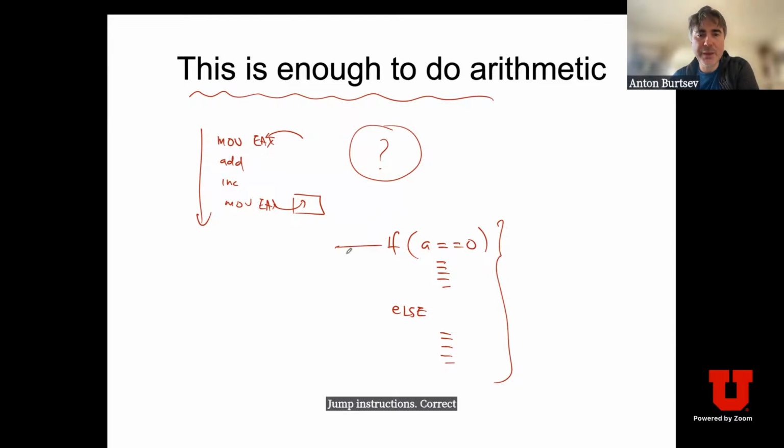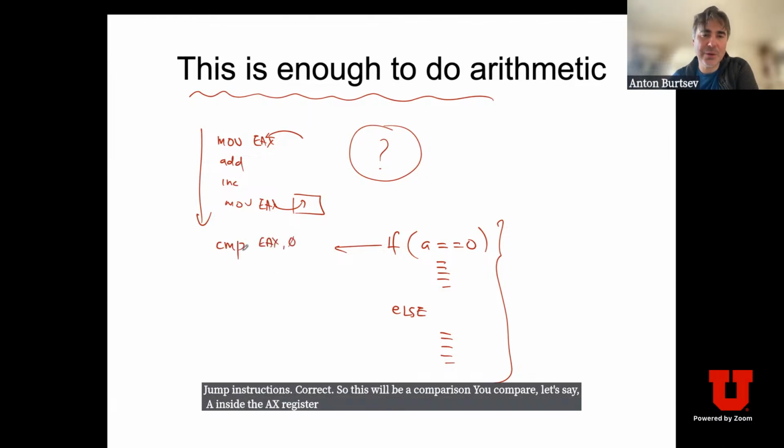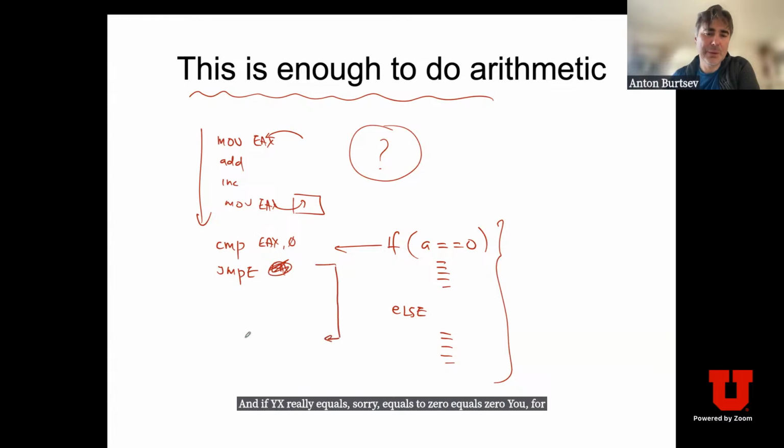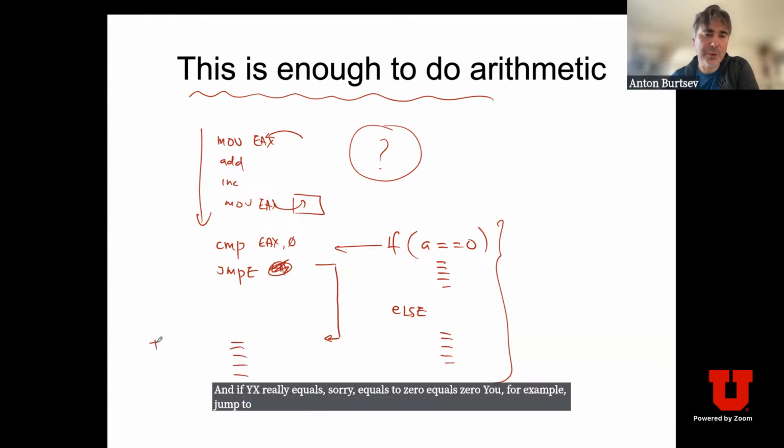So this will be a comparison. You compare, let's say, A inside the EAX register, with 0. On Intel, you use a specific flag register, which stores the results of the comparison, but then you can say jump when equal. And if EAX really equals 0, you, for example, jump to the then part of the code, right?